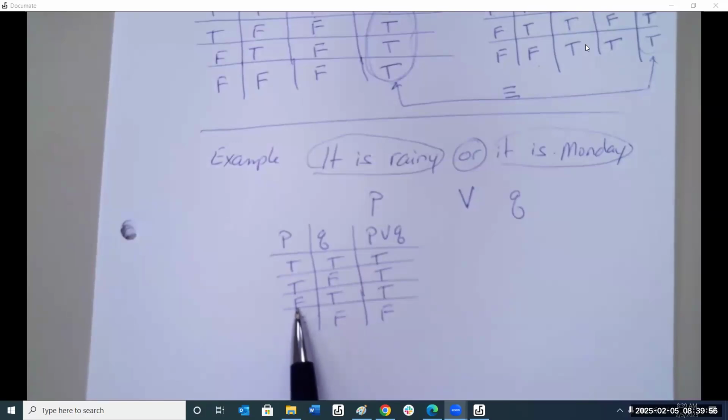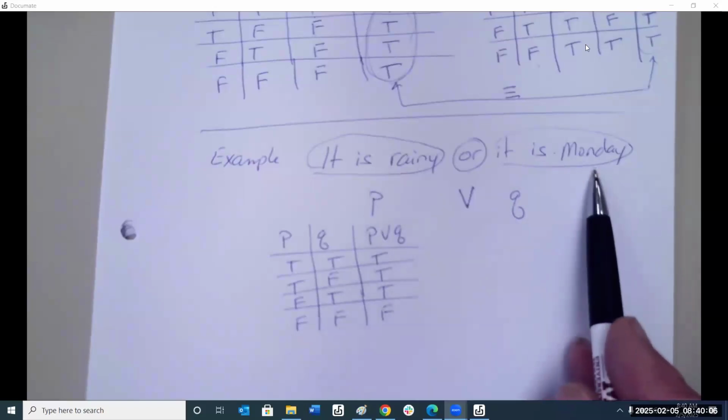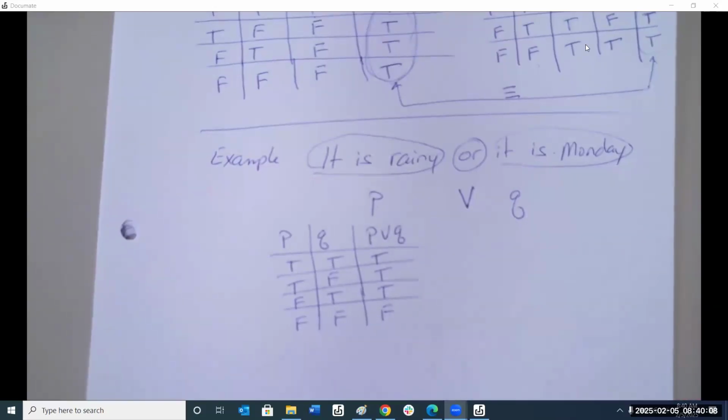If it's sunny outside and it's Monday, is that a true statement? Yeah. If it's sunny and Tuesday, is this a true statement? No. So that's how you break it down. What do you think?